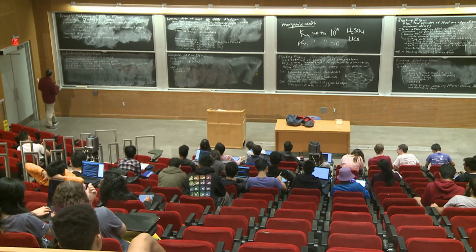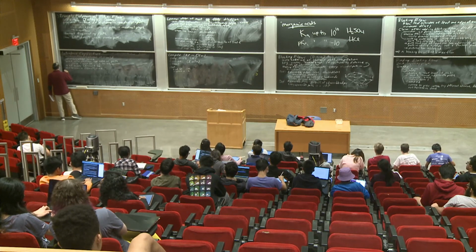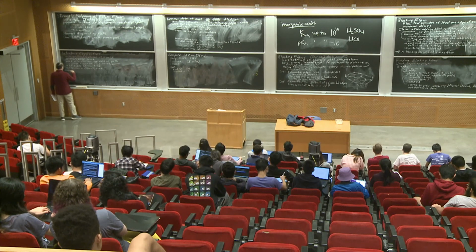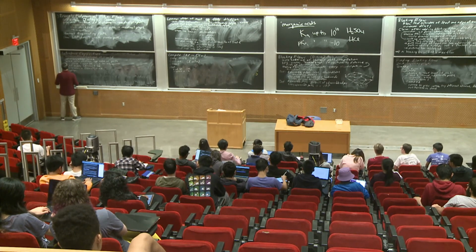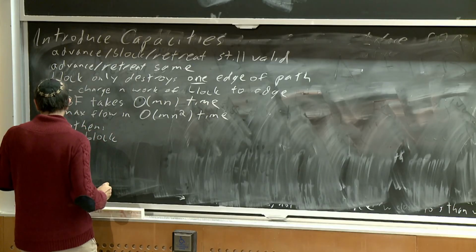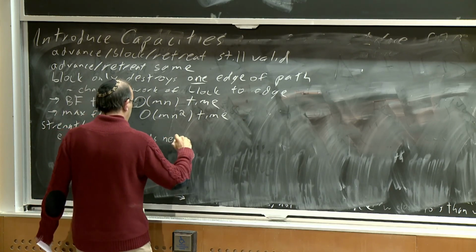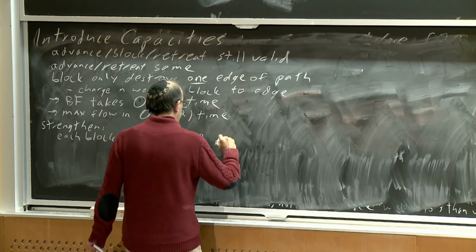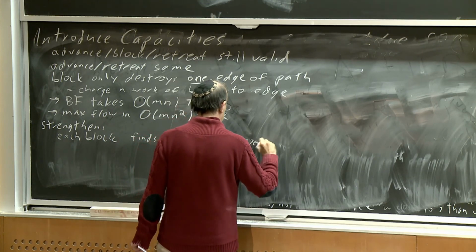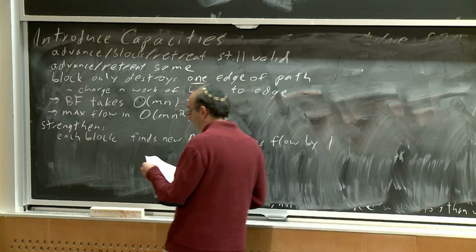But in fact, we can make this argument a little bit stronger, right? So to strengthen this argument, let's observe that each block finds a new augmenting path, and so it increases the flow by 1.